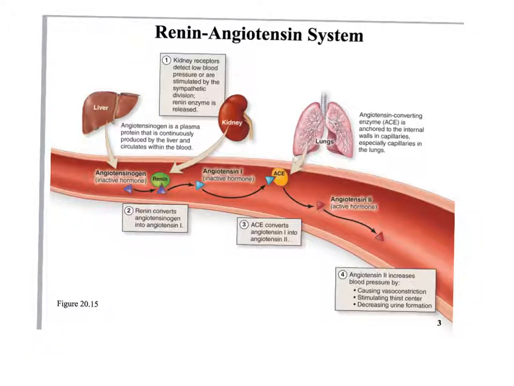Third, it decreases urine production. So it stops the removal or the loss of water. It tells the kidneys to absorb more water from the urine. Okay? What's going to happen to blood volume? It's going to go up.